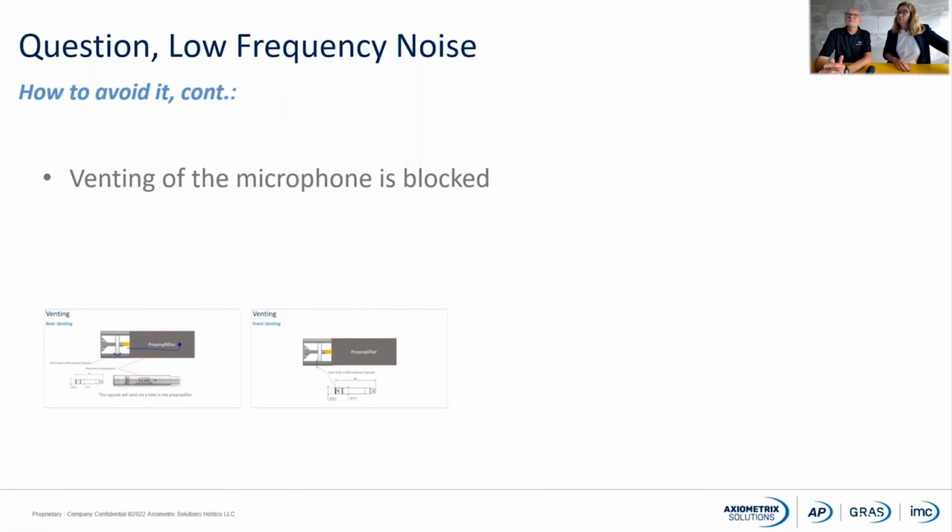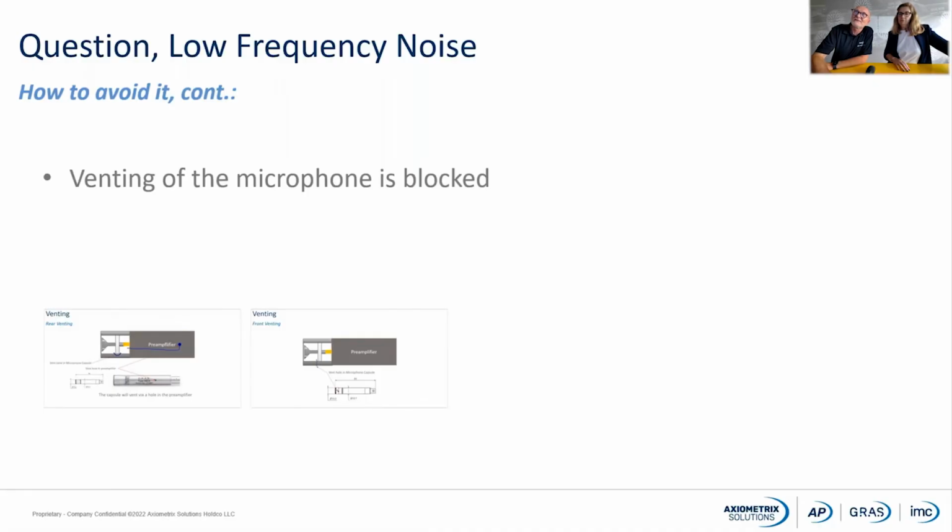We also have microphones called front-vented microphones. These microphones are mainly used in the aeroacoustic measurements we talked about in the previous questions, when we are doing measurements in flow and in a wind tunnel, where we might have a pressure difference between the front of the microphone and the back of the microphone.